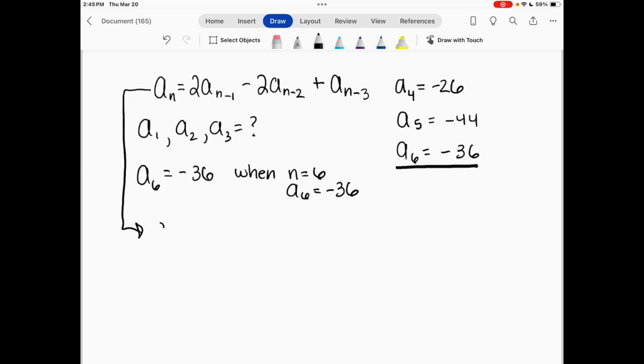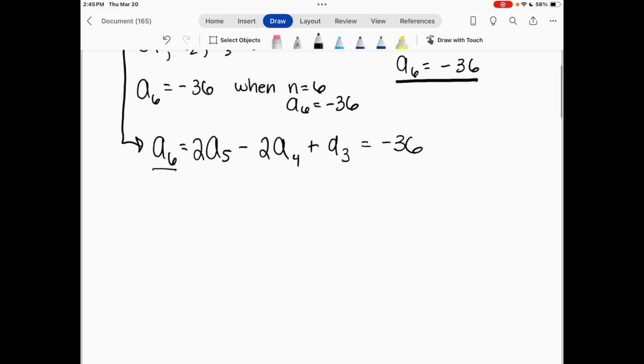I know that n is 6, so I'm going to have a6 is equal to 2a5, and that's a5 because it says 2a_(n-1), and n minus 1 is 5 because n is 6 right now. And then we have 2 times a4 plus a3, and this is a6, so we know all of this is equal to negative 36.